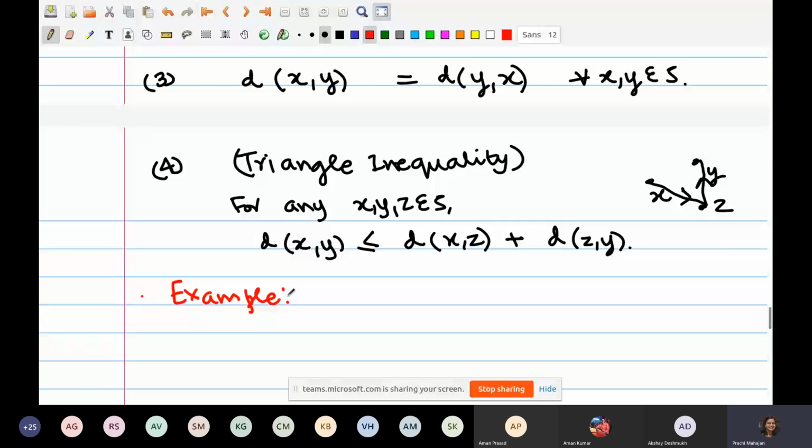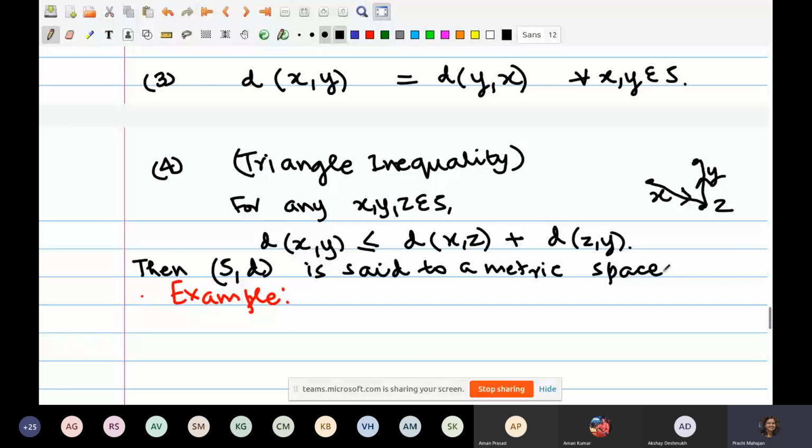Before I go to the example, let me just say, anytime you can find a set S and a function d satisfying 1, 2, 3, and 4, then S, d, this pair, is said to be a metric space. So what does a metric space consist of? A metric space consists of a set and a function d satisfying 1, 2, 3, and 4.